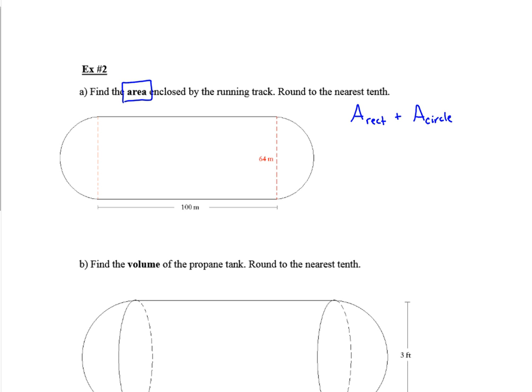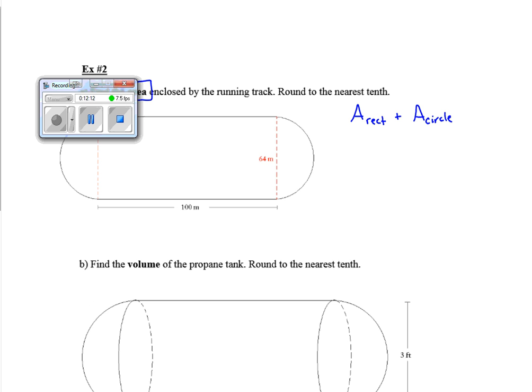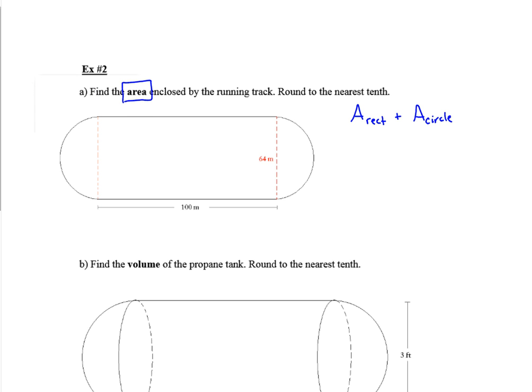Okay, so find the area. Area is length times width for a rectangle. Circles, pi r squared. Length would be 100 times 64. What's your radius? 32 squared. When you add those together, what do we get?